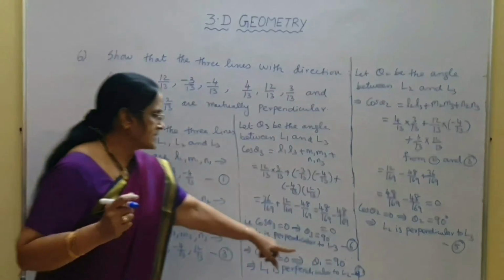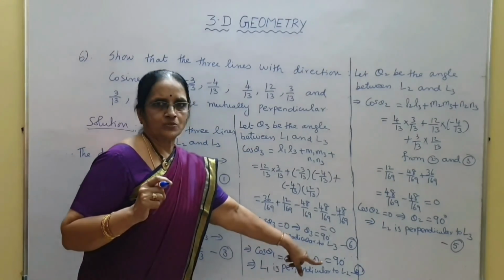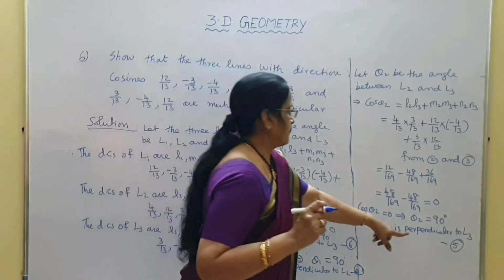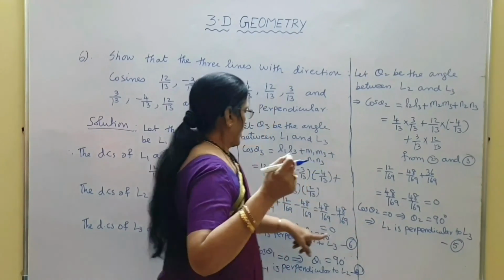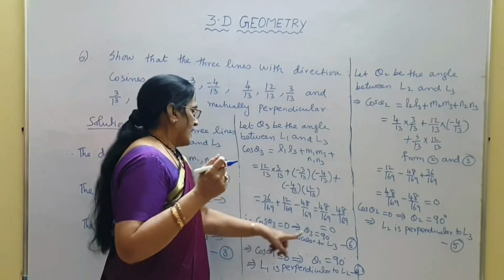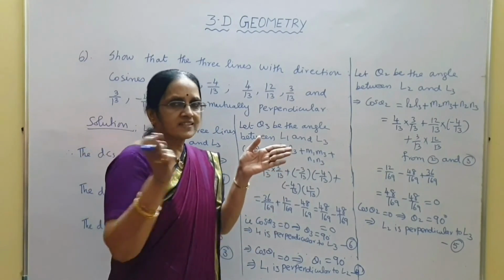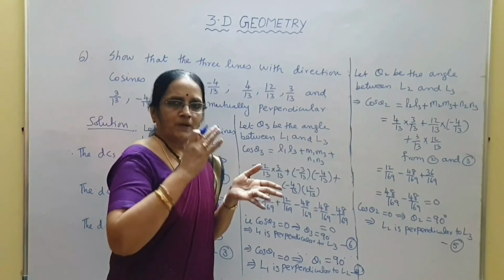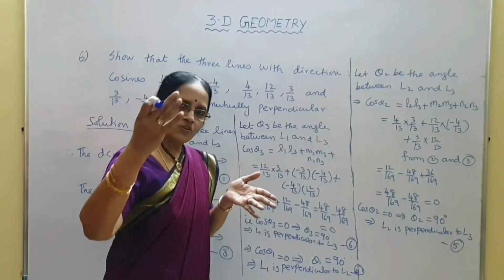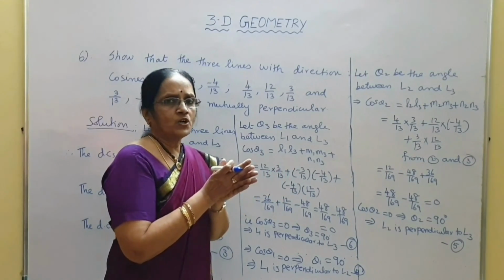Okay. From the result 4, you are getting L1 is perpendicular to L2. And from 5, you are getting L2 is perpendicular to L3. And from 6, you are getting L3 is perpendicular to L1. So, when we put all these three results together, all the three lines are perpendicular to each other.